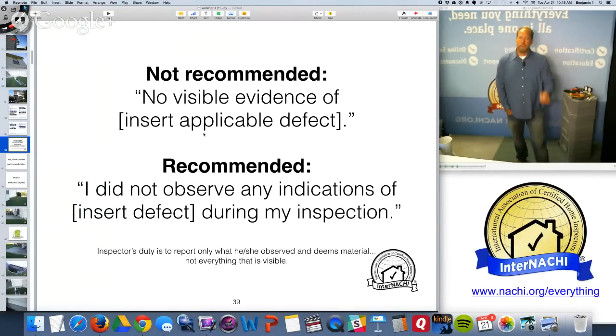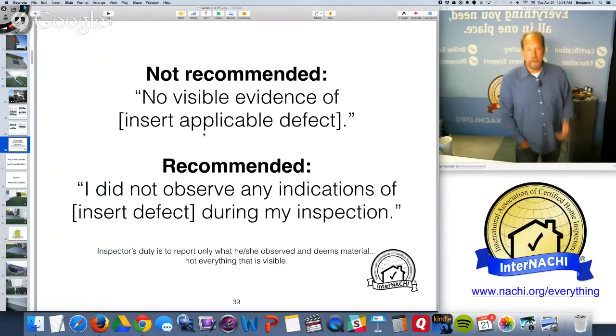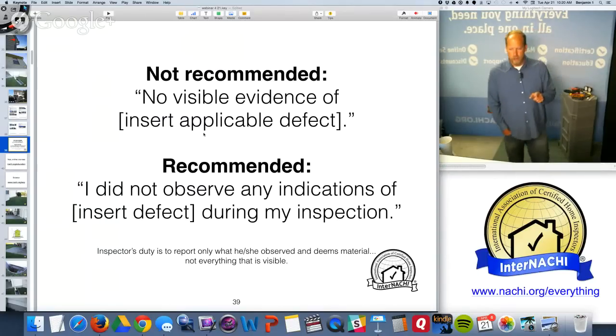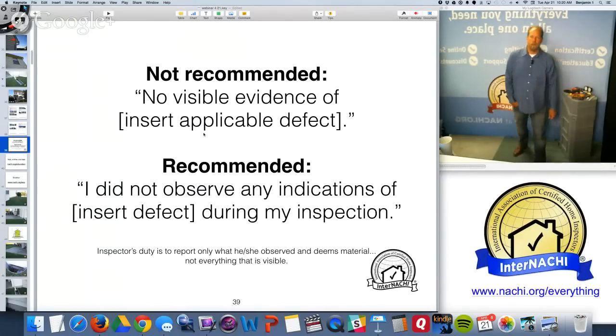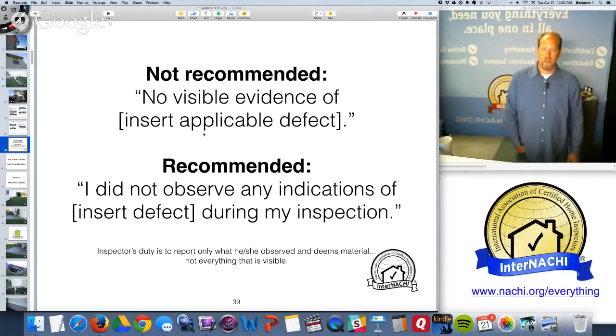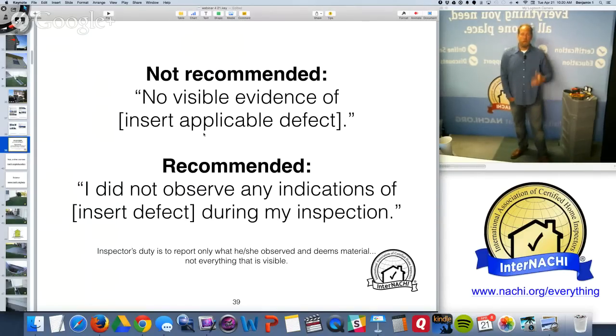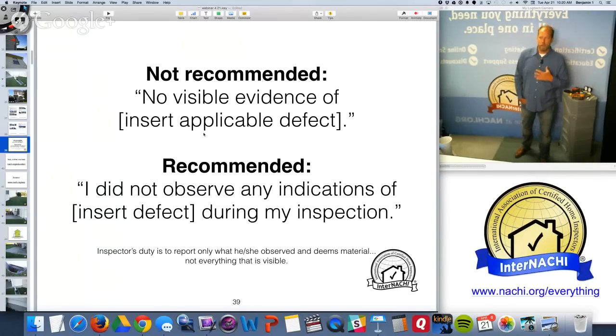Two reasons. The word visible means that somebody could argue with you in a court of law, maybe, that it was visible. And remember, your duty is not to report everything that is visible. Your duty is to report only what you observe and deem material to be a material defect. So saying this was visible or this was not visible is not a good idea, because somebody could argue that it was visible. And using the word evidence kind of connotes permanence. And we all know as home inspectors, conditions can drastically change.